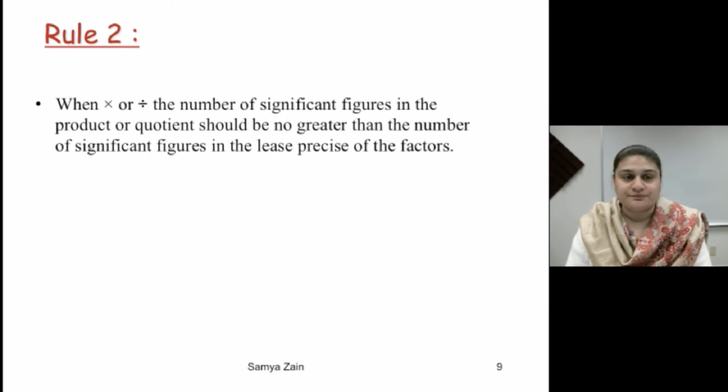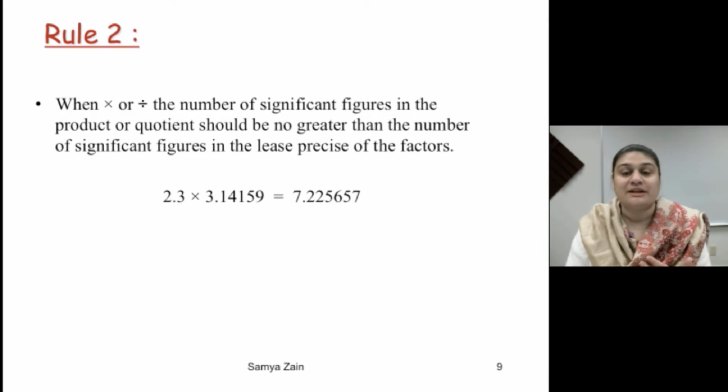Rule number 2. When multiplying or dividing, the number of significant figures in the product or the quotient should be no greater than the number of significant figures in the least precise of the factors. Now that's saying a lot, but what it basically means is if you were to plug in 2.3 times 3.14159 into a calculator, you will get something like 7.25675.